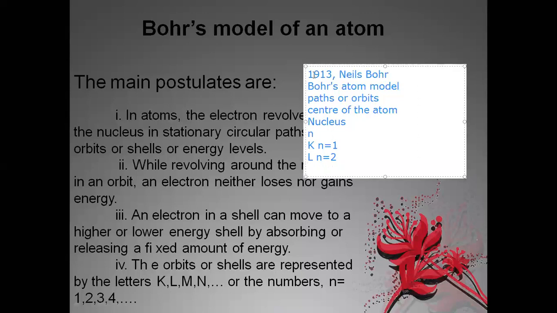The next shell is called the M shell, n equals 3. The next shell is called the N shell, so n equals 4. So the nucleus's nearest shell is K, next the L shell, then the M shell, and the last one is the N shell.